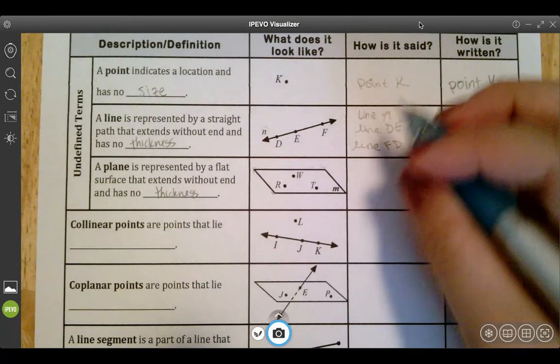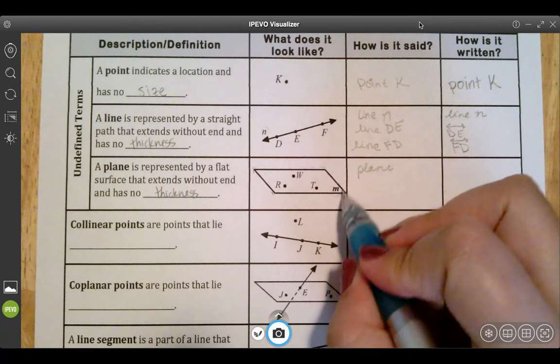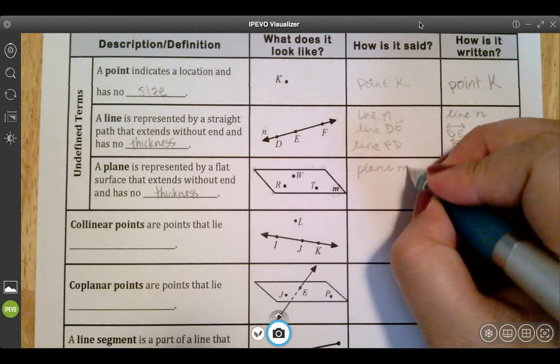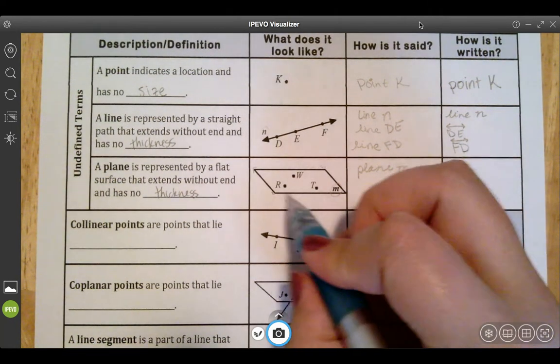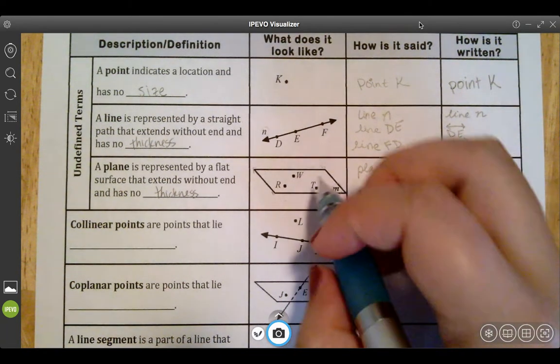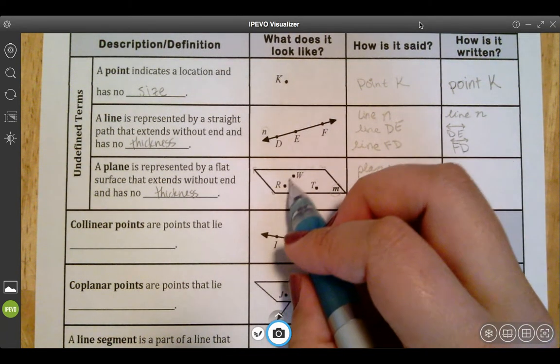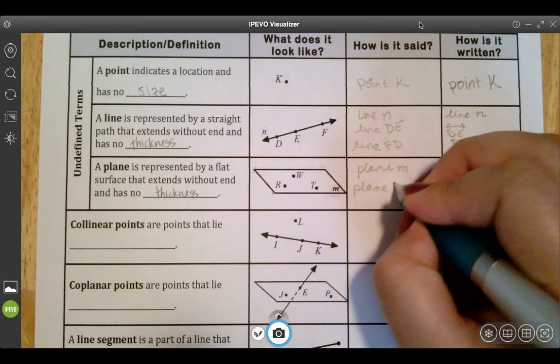And so we don't usually draw the arrows to indicate a plane. Instead, we will just describe it as plane. This plane is denoted with a lowercase m, plane M, or we can use 3 non-collinear points. So 3 points that are not all on the same line. And we're going to talk about collinear in a second as well. Okay, so in this case, we have points R, W, T. So this would be plane RWT.